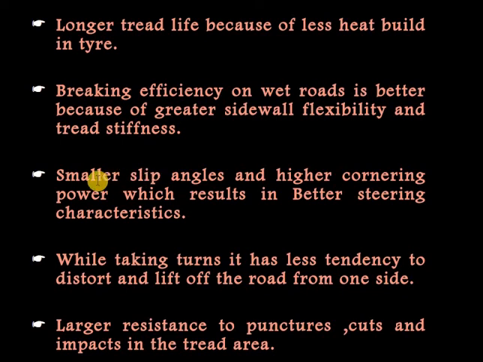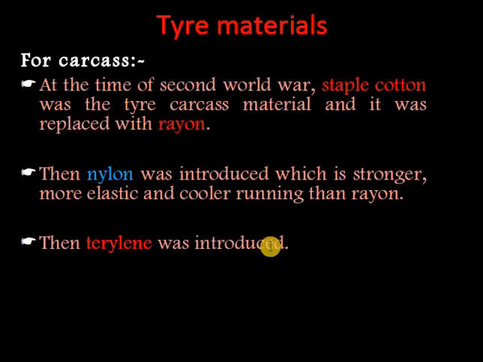Similarly, smaller slip angles and higher cornering power result in better steering characteristics. While taking turns, it has less tendency to distort and lift off the road from one side, and larger resistance to punctures, cuts and impacts in the tread area.